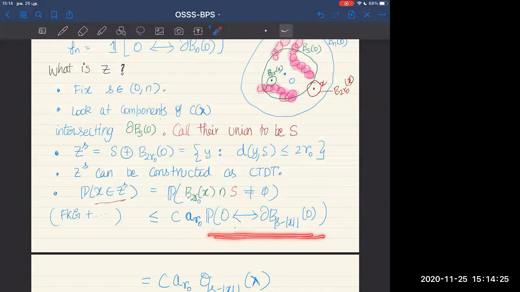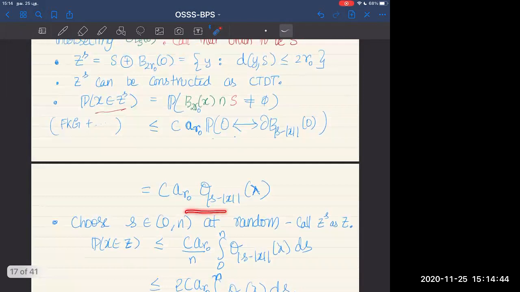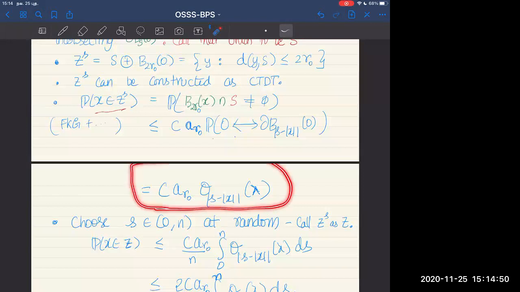The distance between S and X. This uses FKG and some translation invariance. I'm not going to explain this. And this, by definition, is this: from origin to S minus X.